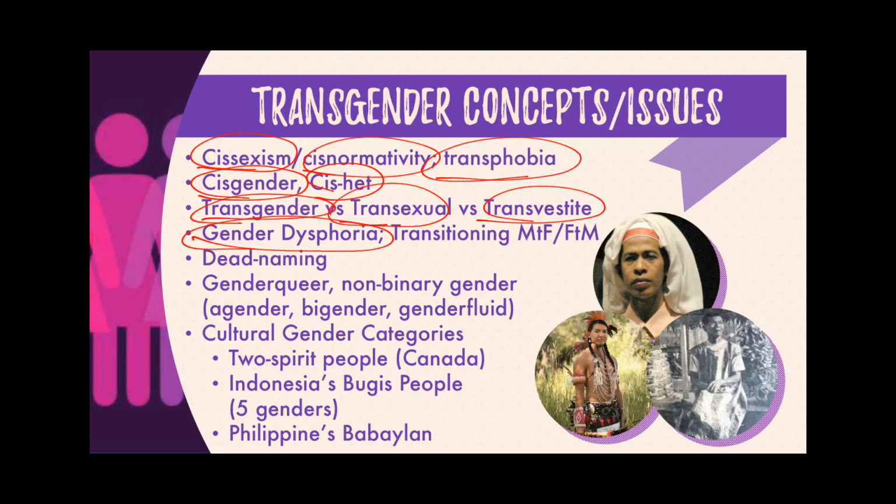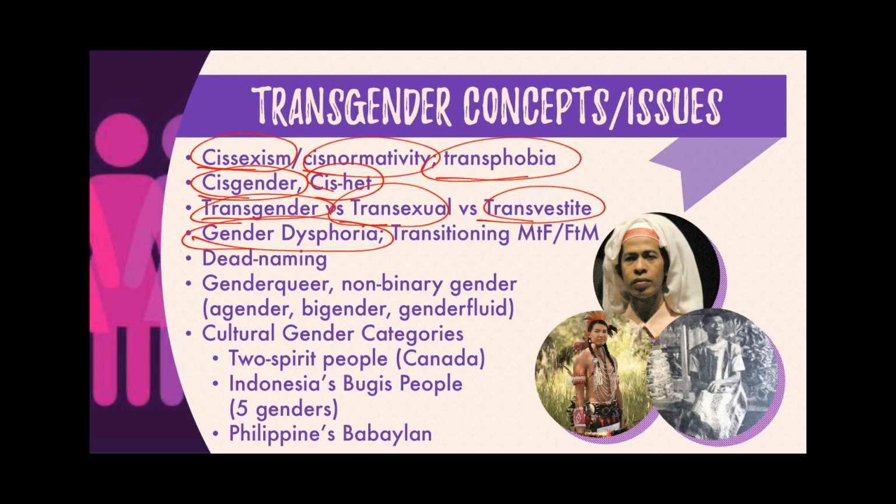It used to be part of the mental illnesses, but the American Psychological Association has removed gender dysphoria from their list of psychiatric illnesses because, again, gender dysphoria, or that feeling of being transgender, should not be medicalized that way. Because if you say that something is an illness, then it will invite so many stigma. So it was removed, and gender dysphoria is no longer a psychological or a psychiatric condition.